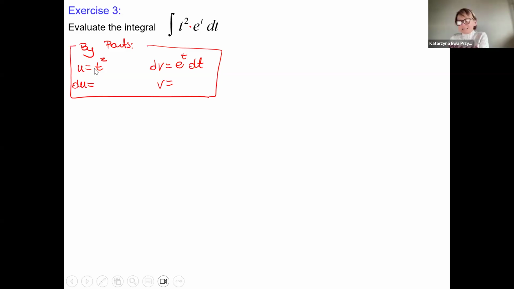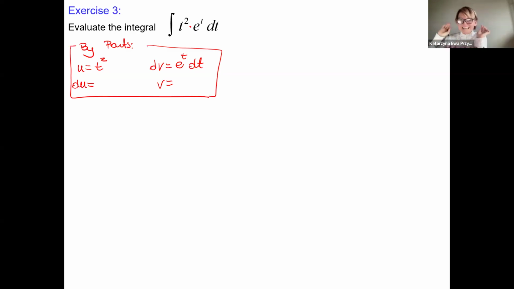One thing you can see, when I differentiate t squared, I reduce the degree. If I put t squared as dv, then the integral of t squared is t cube over 3, which will probably make it more complicated. Not always, it depends. Okay, that means this is good.